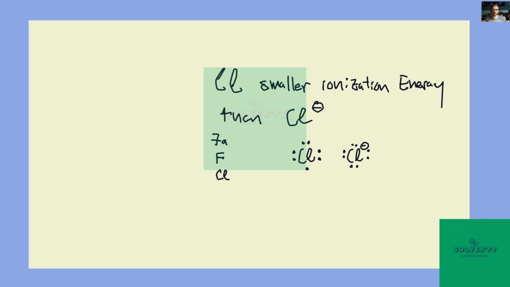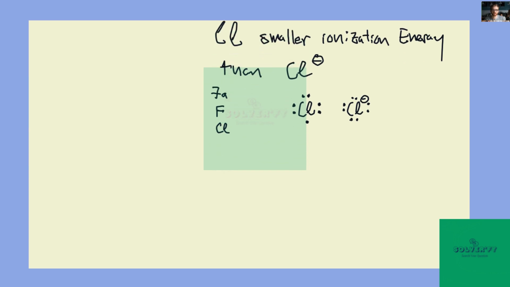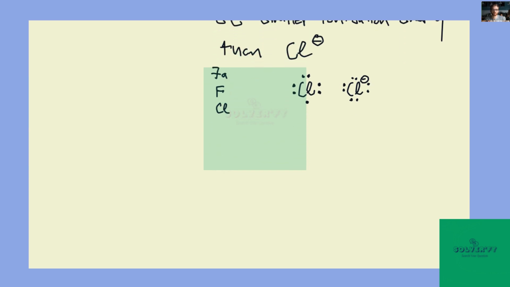Okay, so then the question is, how hard will it be to remove an electron from Cl minus versus neutral chlorine?